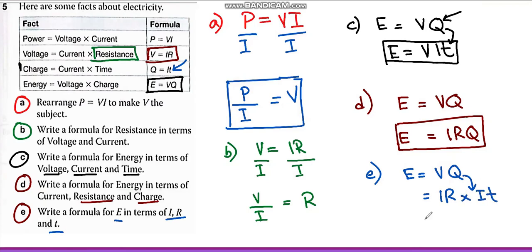So if I further solve it here, I and I becomes I square, because there is a product. So according to the product law, we can add the powers and we can write the variables in index notation. So I square RT means we can represent energy in terms of current, resistance, and time in this form. Now let's proceed to next question.